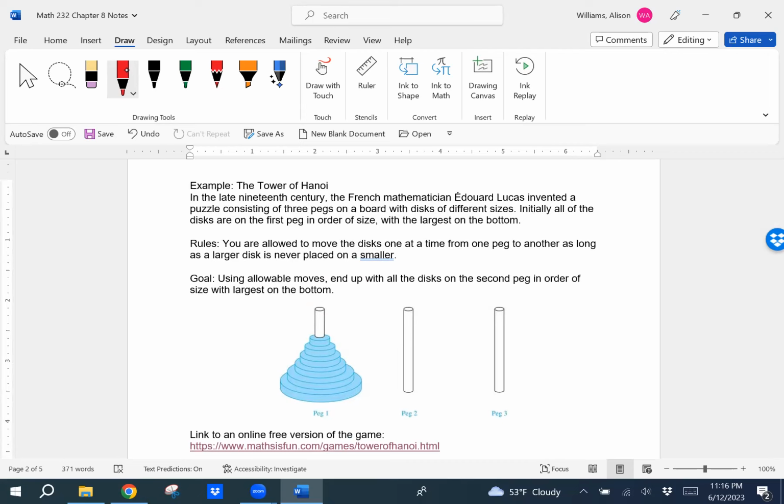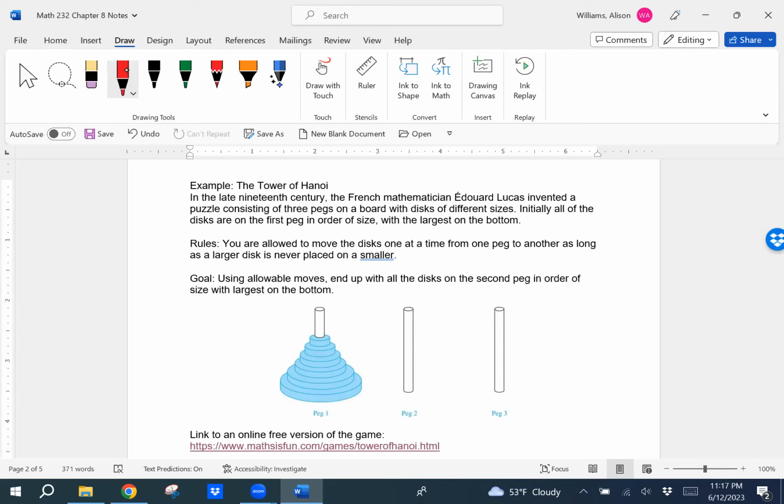And here are the rules. You're allowed to move the discs one at a time from one peg to another, as long as a larger disc is never placed on a smaller disc. So the goal is to end up with all the discs on the second peg in order, the largest on the bottom.